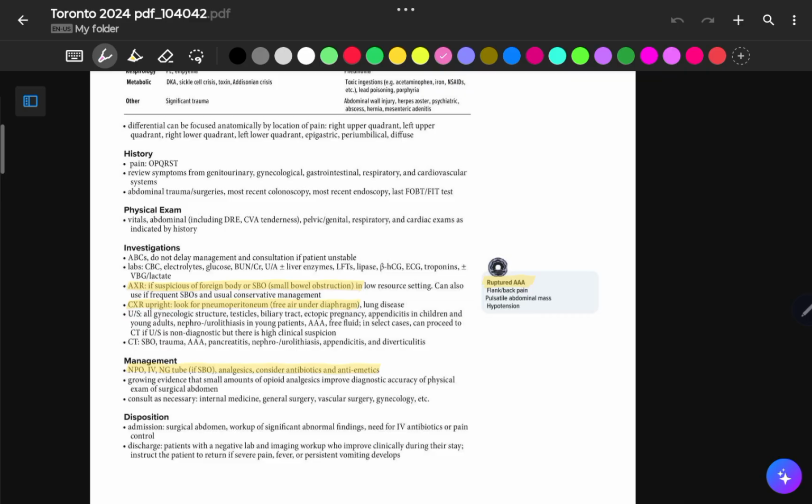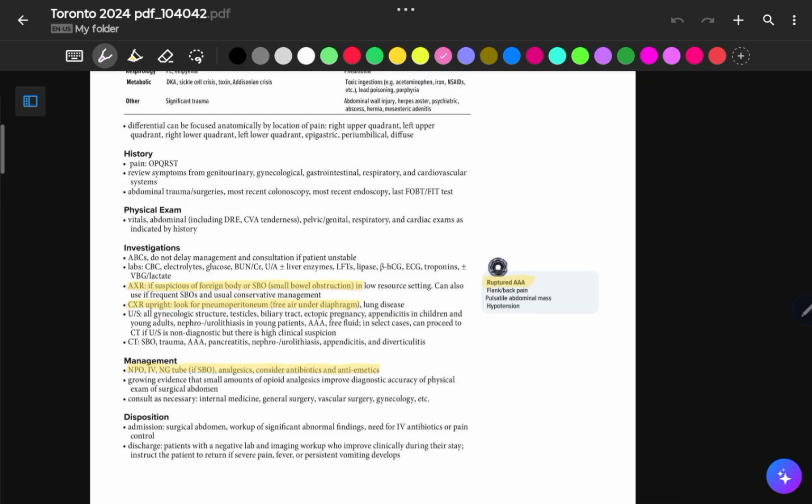Okay. So an abdominal X-ray if you're suspicious of a foreign body, or if you're suspicious of small bowel obstruction in a low resource setting. You can do a chest X-ray, an upright chest X-ray, to look for pneumoperitoneum, so free air under the diaphragm. Okay, that can tell you of any abdominal rupture.